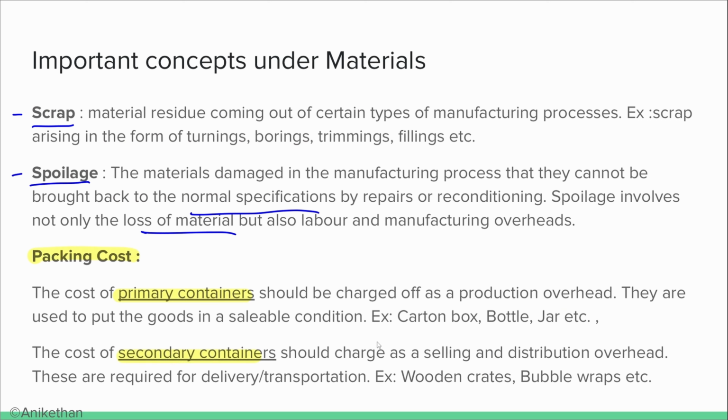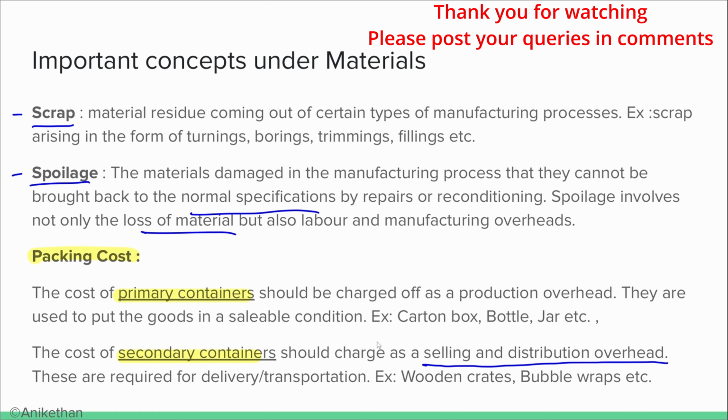Let's take an example of again mobile phone. So once mobile phone is manufactured, it comes with its own packing box. So that is the primary container. But when it is sent to a distributor or a customer, it is again packed in another carton box. So such packing material is called secondary, and the treatment for this is they have to be considered under selling and distribution overhead. So this is with respect to material.